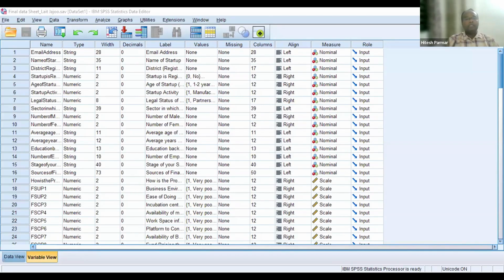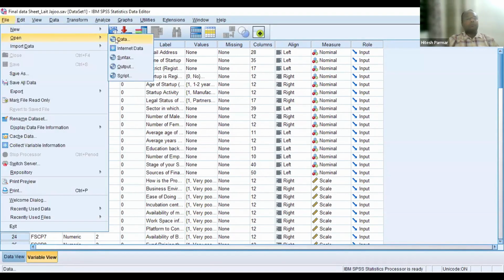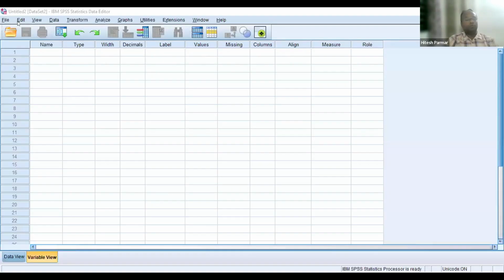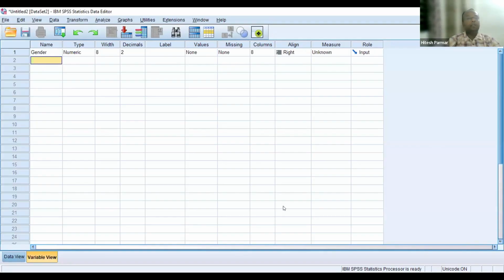Depending upon your other requirements, there can be multiple software available. Say for example, this is software called SPSS. Let me open a blank file so that you are aware. This has two views, data view and variable view. In variable view we write the name. For example, you have the gender of a patient. So I am typing gender, and then you need to provide the values.